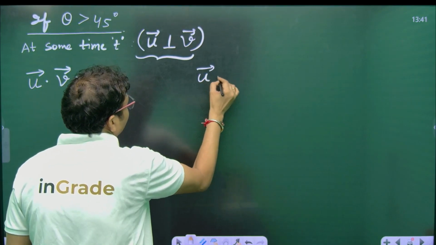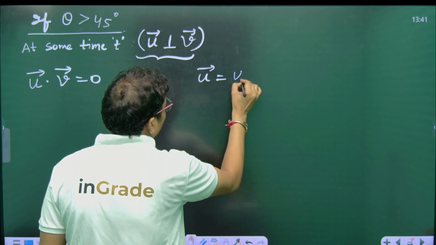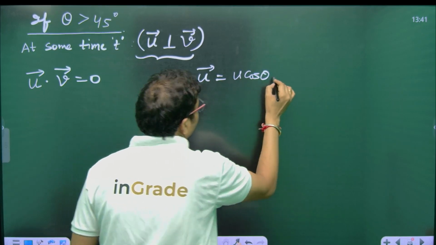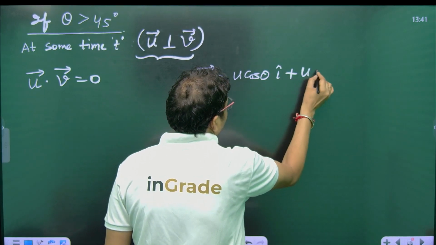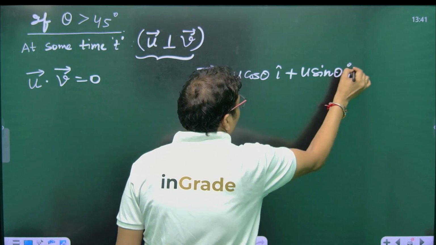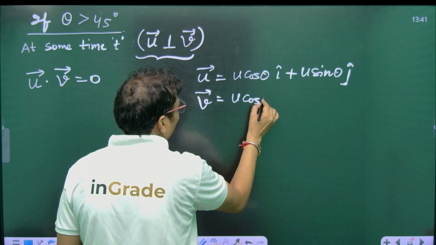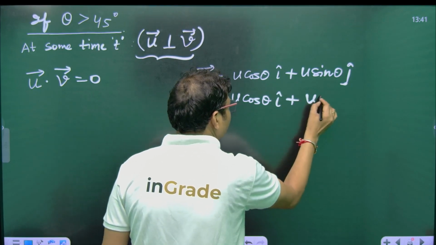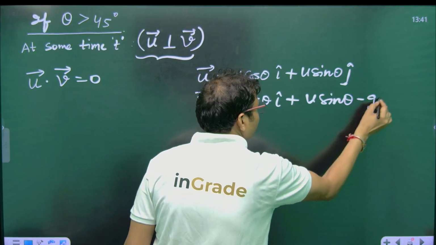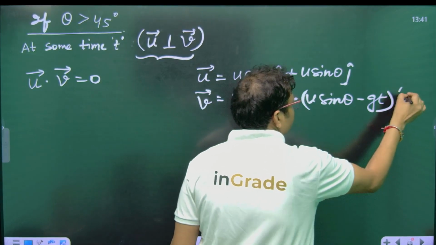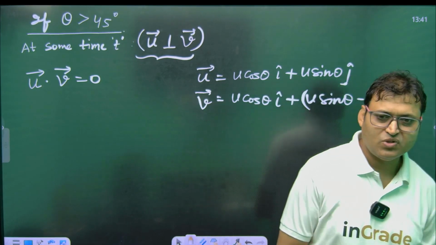What is the u vector? That is equal to u cos theta i cap plus u sin theta j cap. What is the v vector at any time t? That is u cos theta i cap plus (u sin theta minus gt) j cap.